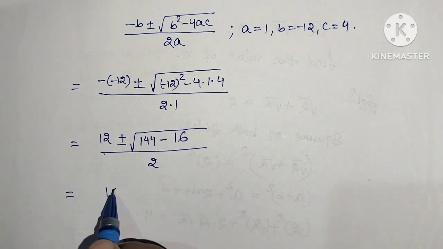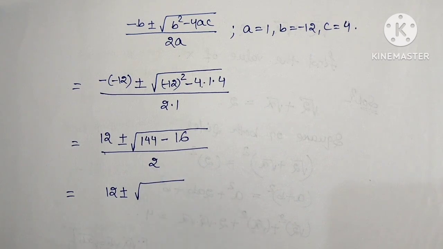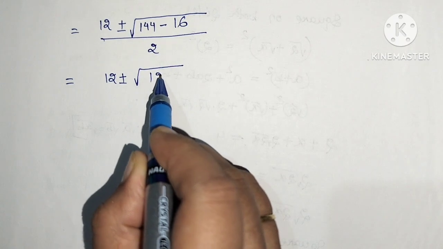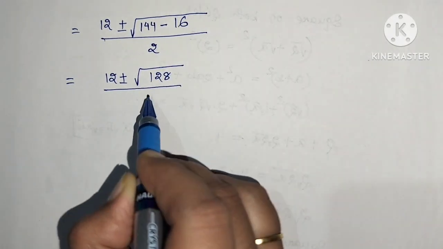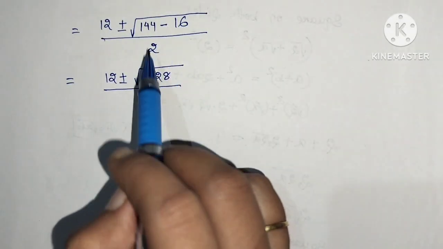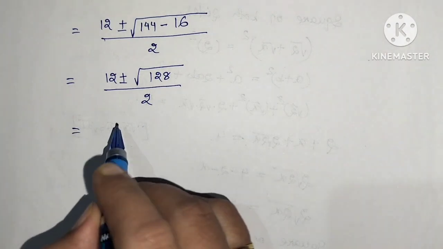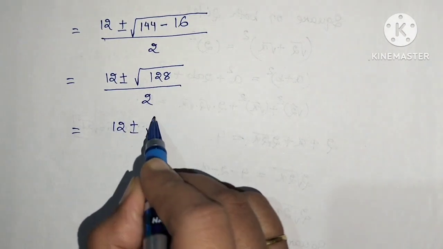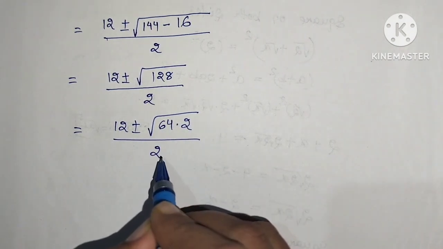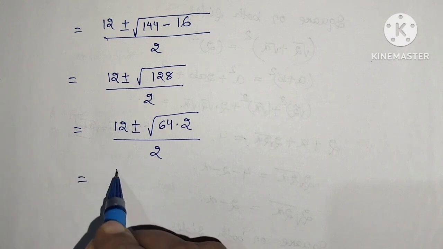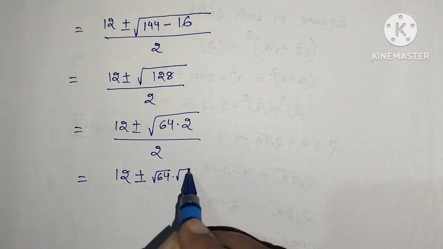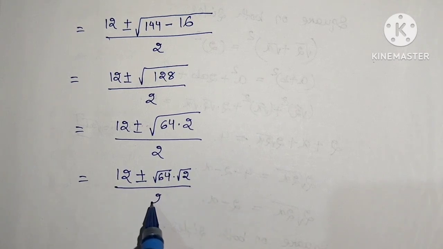Then 144 minus 16 is 128, divided by 2. Then 128 we split, it is 64 into 2, divided by 2. Then the next step, it is 12 plus minus root of 64 into root 2, divided by 2.